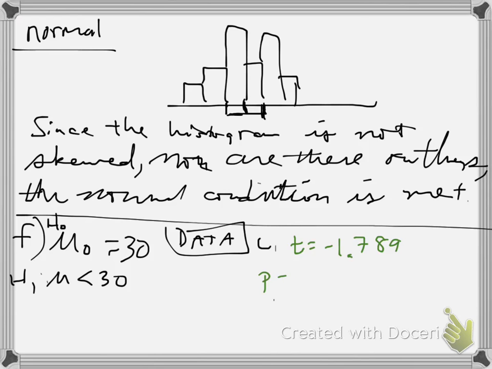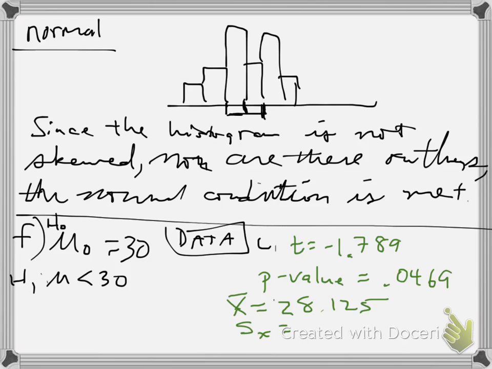Our p-value is going to equal 0.0469. Our sample mean, x bar, is 28.125. That's the average of all the fish that I caught. And the standard deviation of the fish is going to equal 4.19. n is 16, which also means the degrees of freedom is 16 minus 1, or 15.